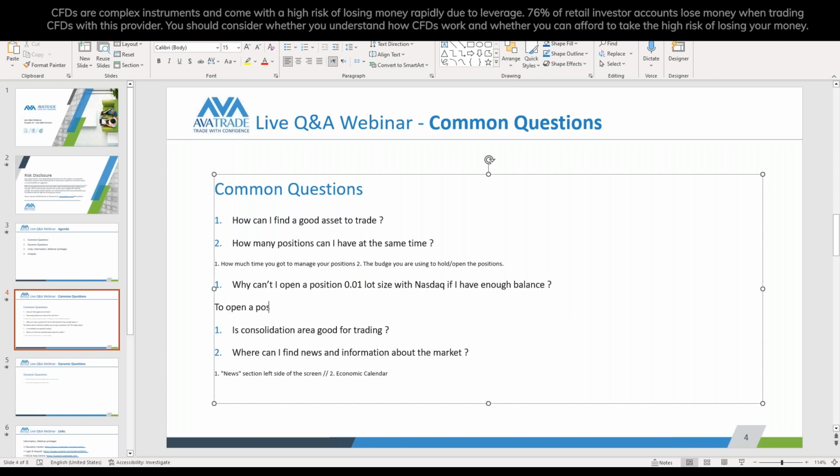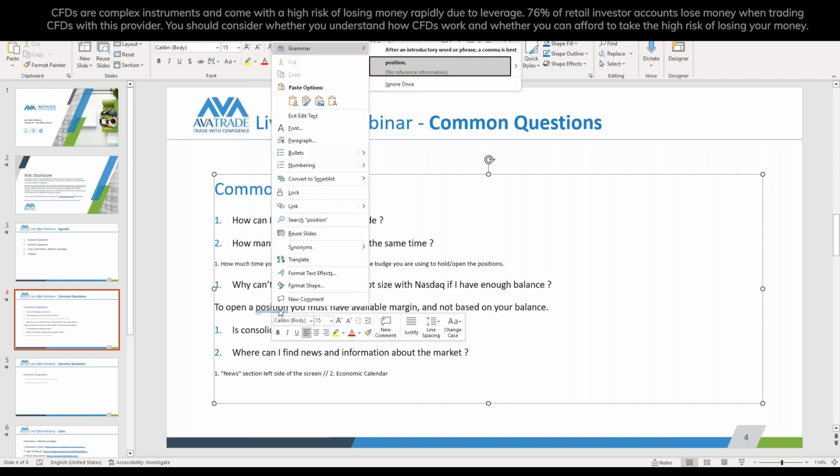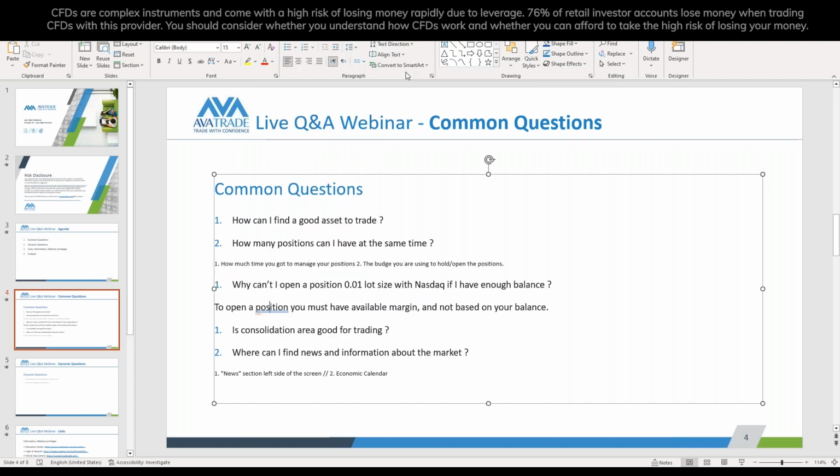To open a position, you must have available margin and not based on your balance. I know that it sounds very funny to put it this way, but that's how it works.